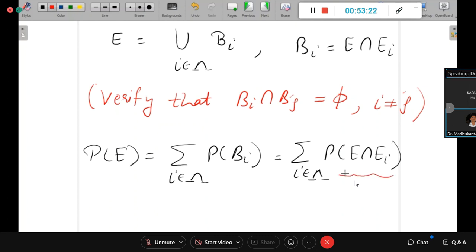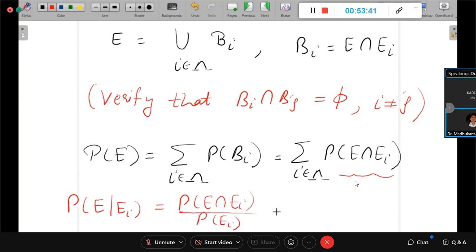Now, if you write this in terms of conditional probability, since probability of Ei is greater than 0, that is given to you. So note that probability of E given Ei is equal to probability of E intersection Ei divided by probability of Ei.